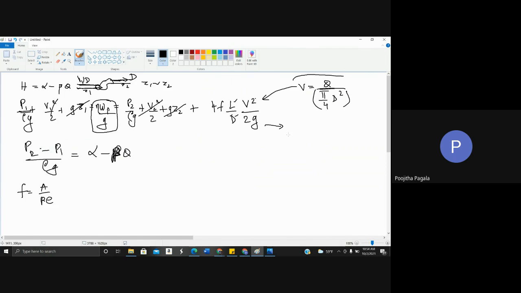So if you do that, you're going to get 4A by Re. So Reynolds number is rho V D by mu. The V will get cancelled with one of these V. We have rho D over mu times V. Instead of V, I'm substituting this: Q divided by pi by 4 D square, into g.